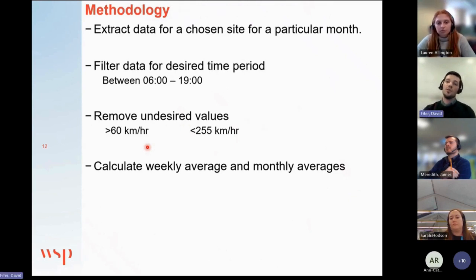So the methodology we used for the analysis was we extracted data for a month period, in this instance March, for a site for all lanes.